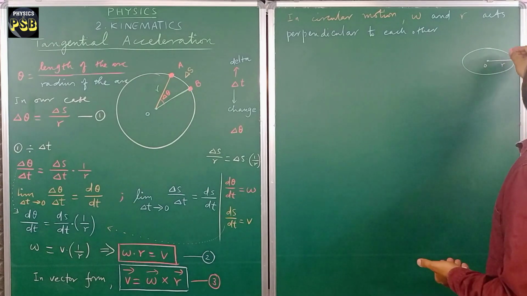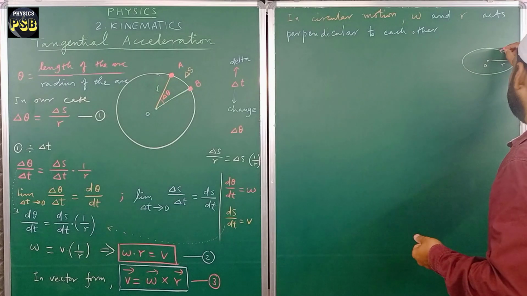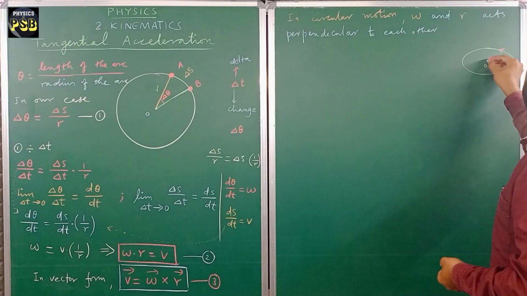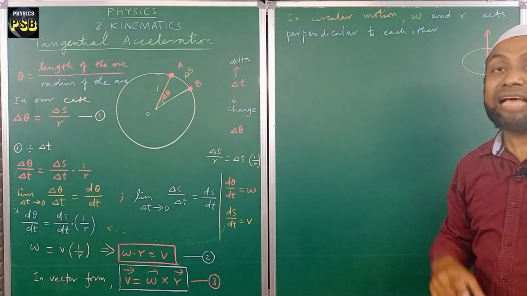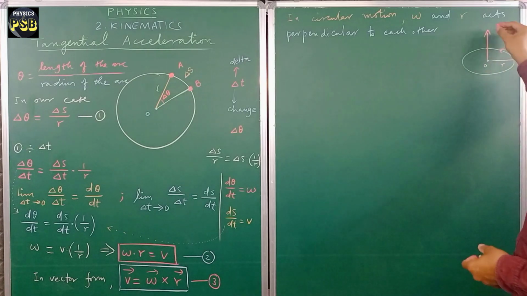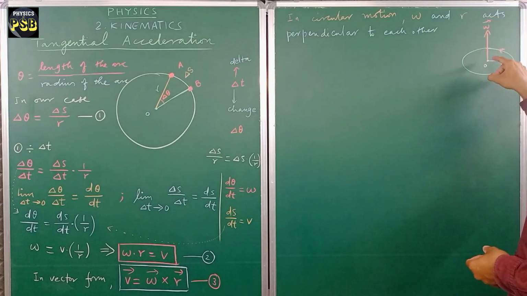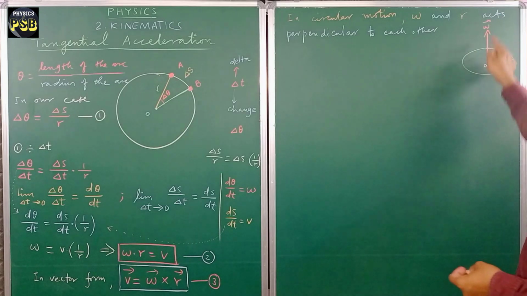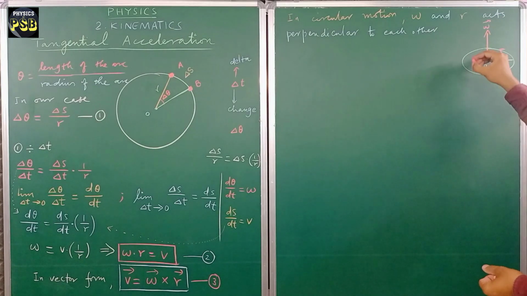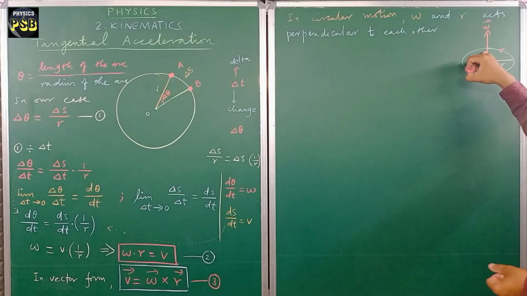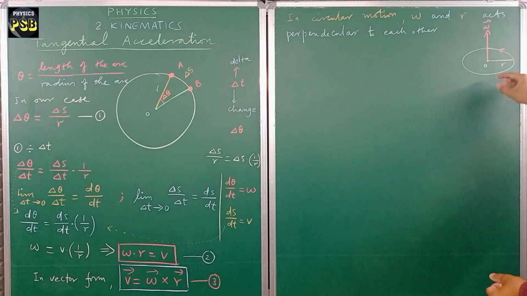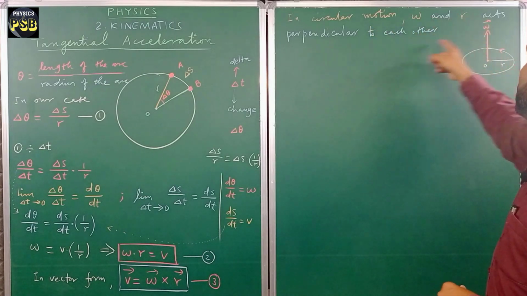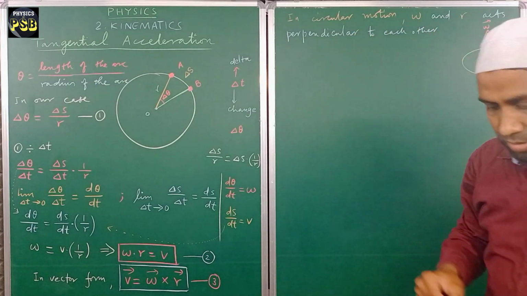If the object moves in anti-clockwise direction, in this direction, then this line, which is nothing but the axis of rotation, provides us angular velocity. Here angular velocity acts along the axis of rotation. Clear? See, here angular velocity is acting perpendicular to the radius of the circular path. Got it? So we get this statement. Fine.